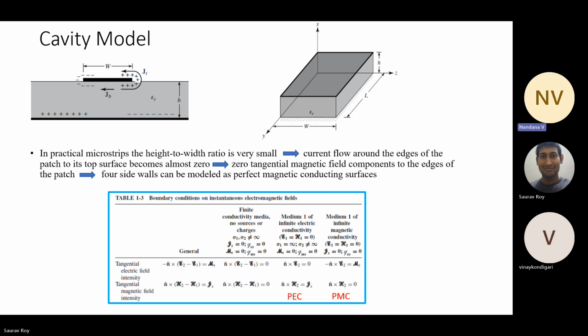Sir, actually the transmission line model and cavity model are the same, no? No, it is different. This is the cavity model. On the top layer it will be any metal, and the bottom will be ground or some metal, and in between the substrate.